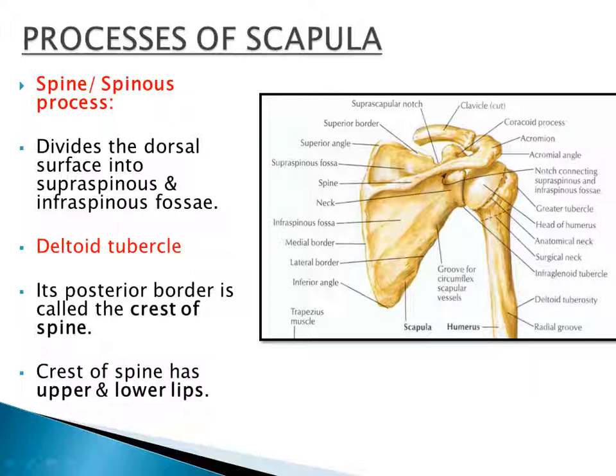Here is a tubercle which is called as deltoid tubercle. The posterior border of the spinous process is thick and is called as crest of spine. The crest of spine has an upper lip, upper margin, and a lower lip called as lower margin. Different muscles are attached on these lips.